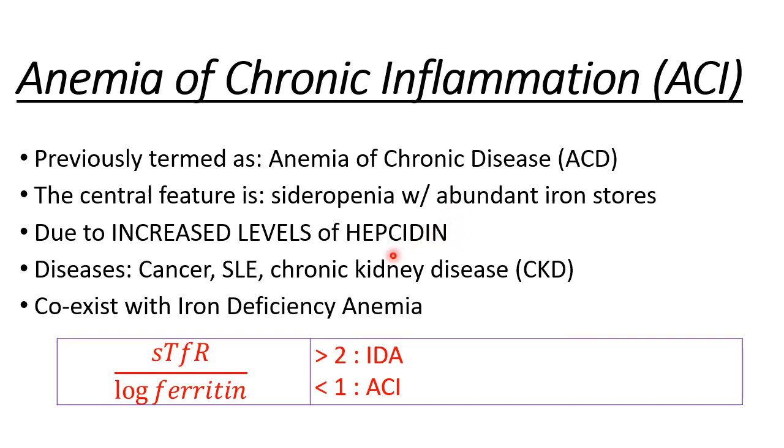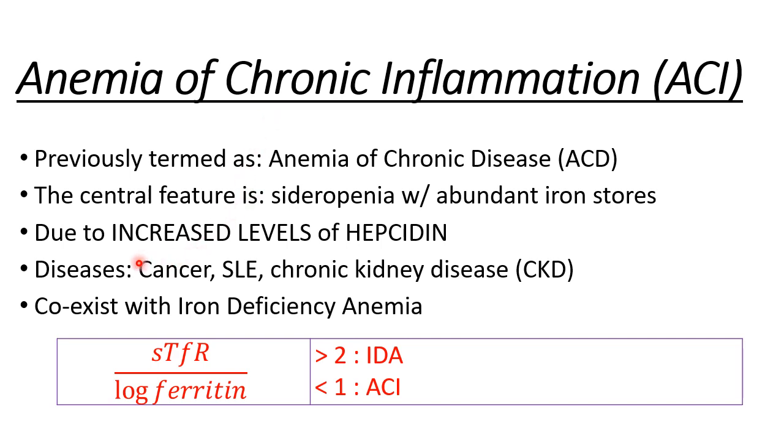Okay? And then, ano yung mga disorders ba na associated with anemia of chronic inflammation? This is just a manifestation of a bigger problem. Okay? So, hindi ito yung final diagnosis. So, you have to investigate, no, kung ano yung main cause ng anemia in ACI.